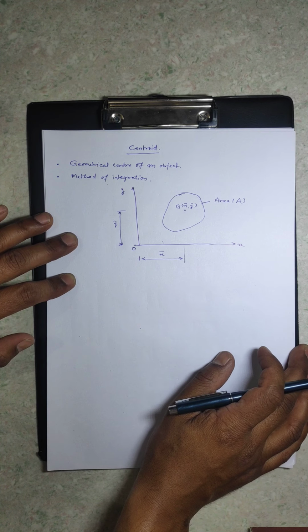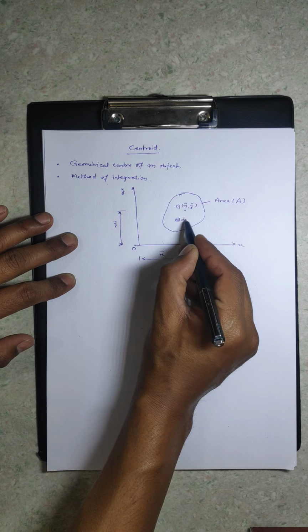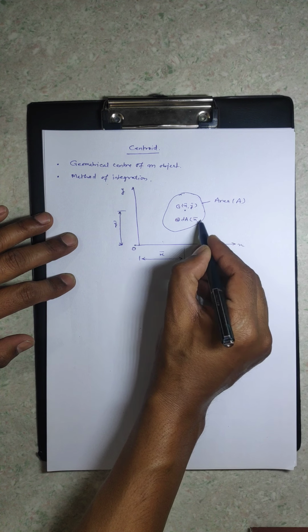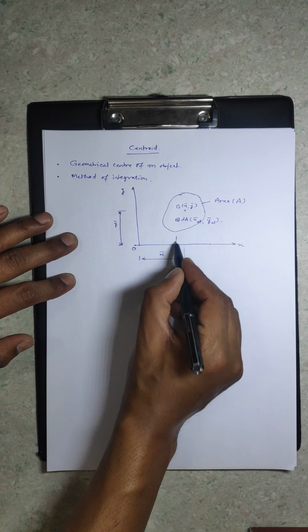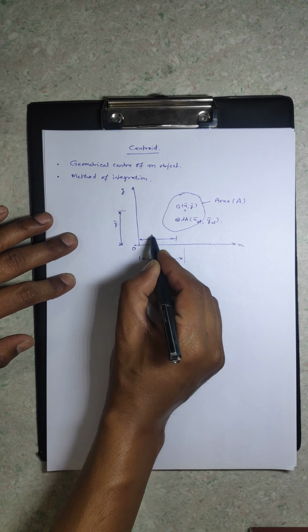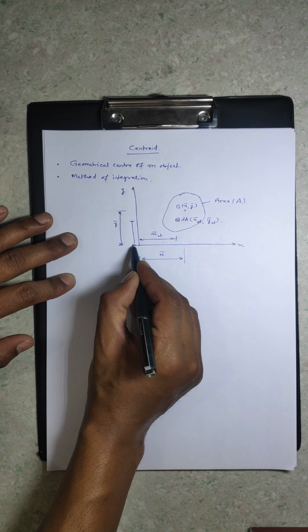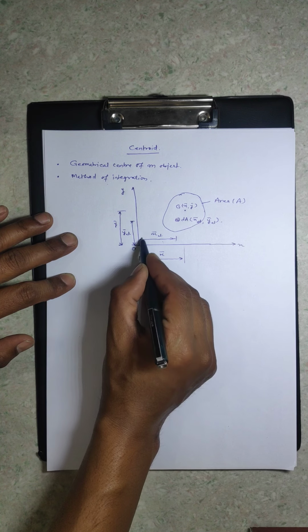For finding the centroid, we take a small area dA whose coordinates are x bar elemental comma y bar elemental. This is x bar elemental and this is y bar elemental.